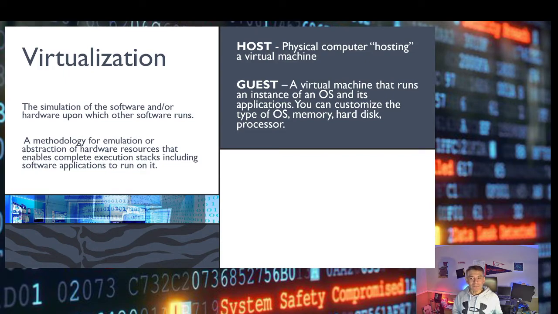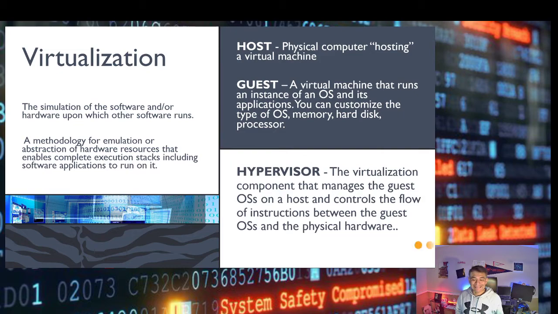You can customize the type of operating system, the memory, the hard disk, and the processor on the VM or guest system. Hypervisor, the virtualization component that manages the guest operating system on a host and controls the flow of instructions between the guest operating system and the physical hardware.